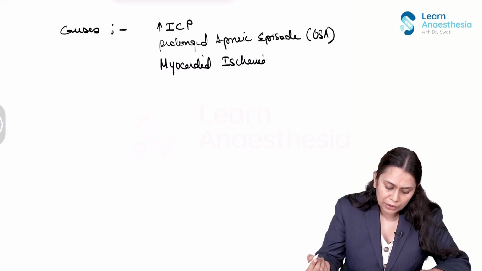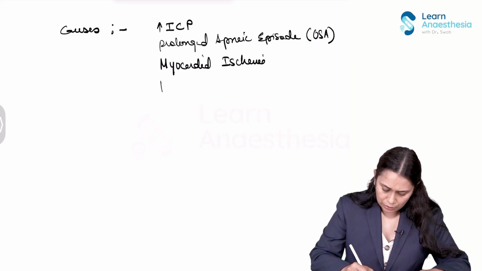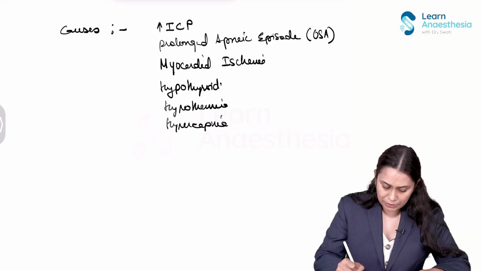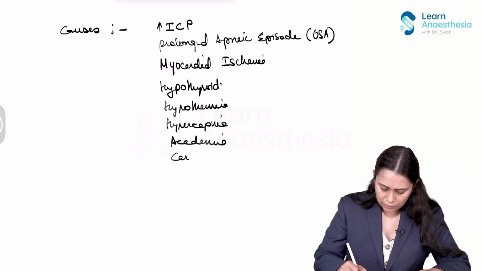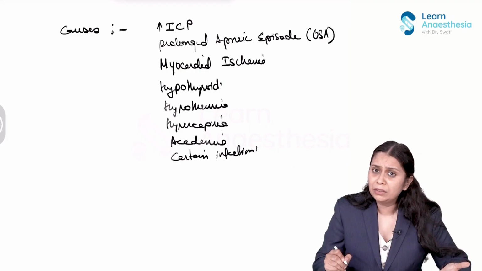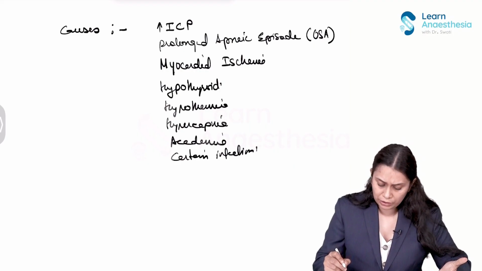Then in case of hypothyroid patients, hypothermia, hypercapnia, acidemia, and certain infections can cause sinus bradycardia. Apart from it, some of the drugs can cause SA node dysfunction.